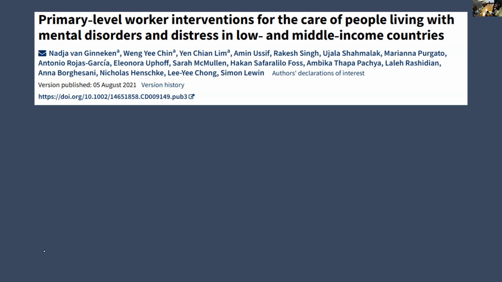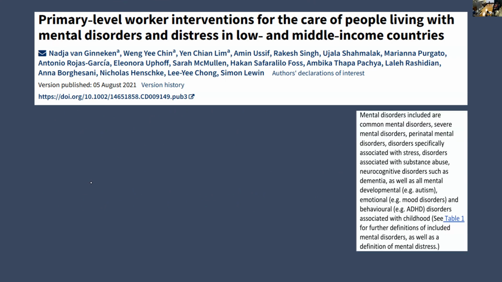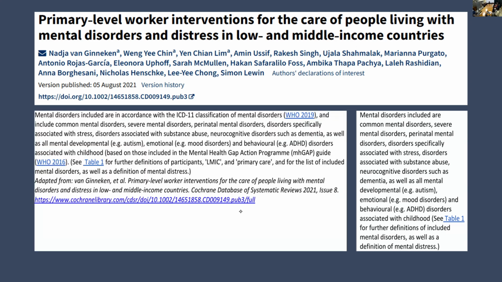Take the same example, primary level worker interventions for care of people living with mental disorders and distress in low and middle income countries. They had written that mental disorders included common mental disorders, severe mental disorders, perinatal mental disorders, disorders specifically associated with stress, substance use, and neurocognitive disorders like dementia, etc. If we were to make it better, it is based on the ICD-11 classification, which is not mentioned there.